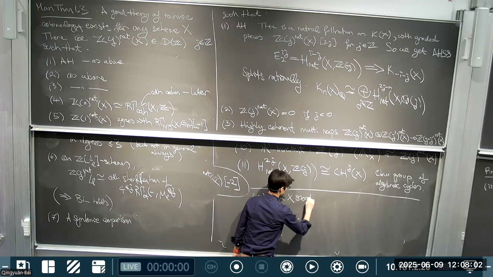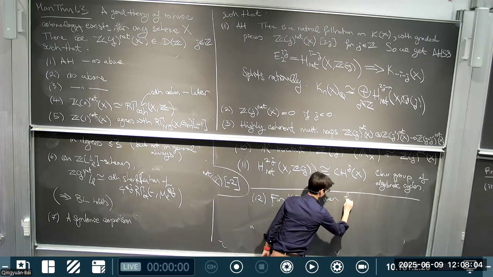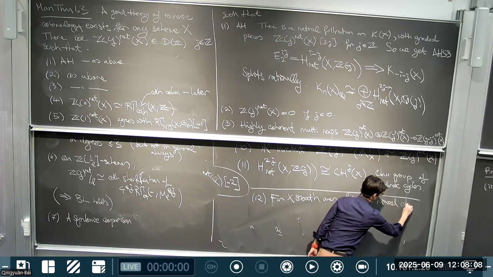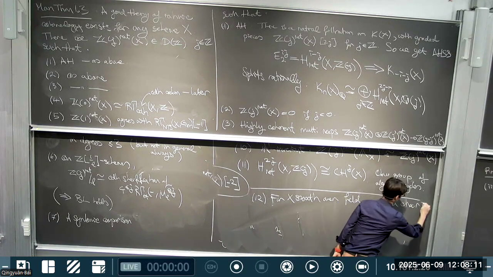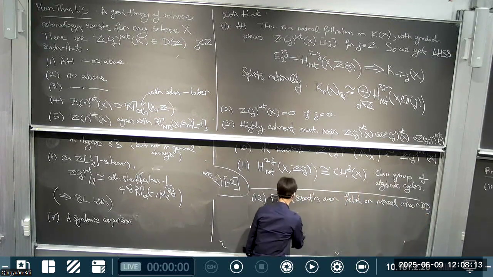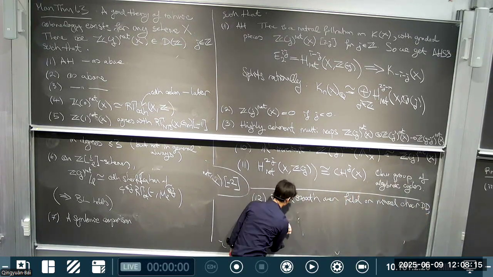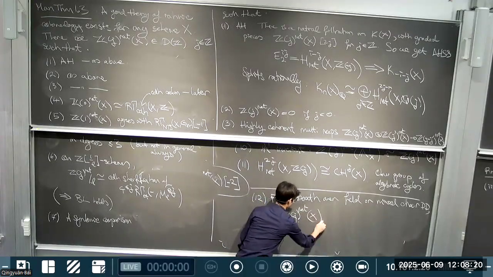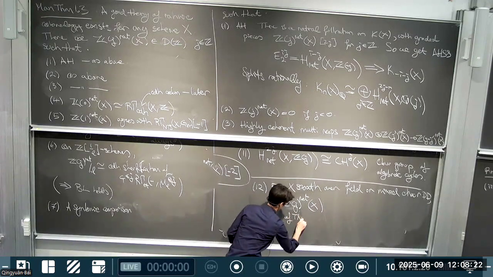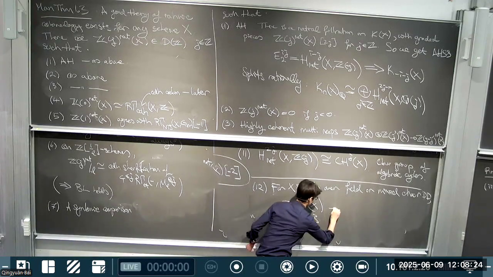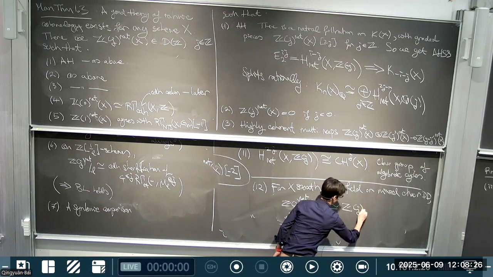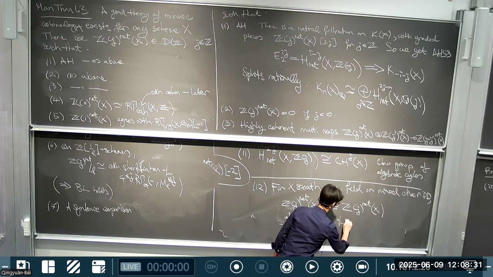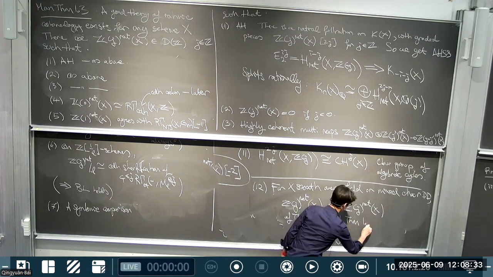For X smooth over a field or a mixed characteristic Dedekind domain, Z(j) of X from theorem 1.3 agrees with the classical motivic cohomology of theorem 1.2.